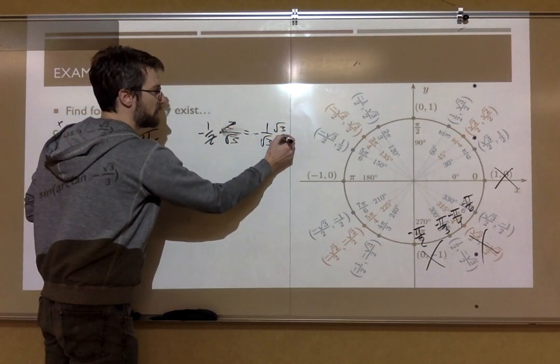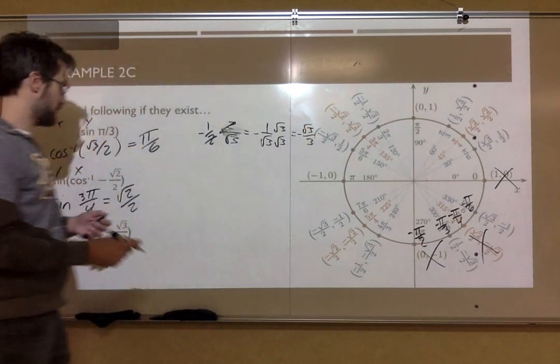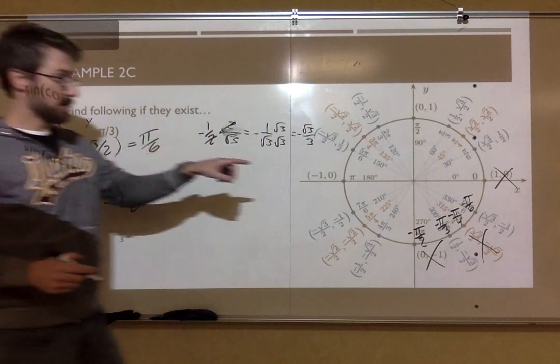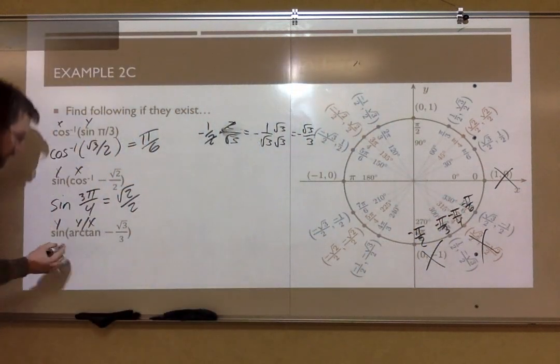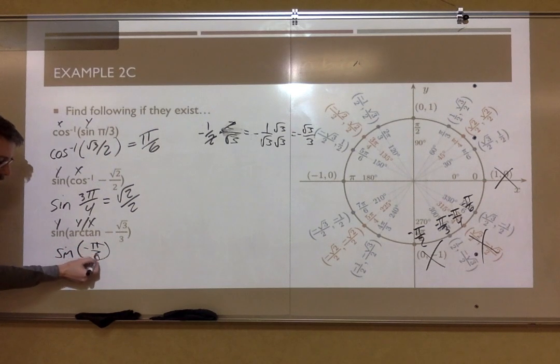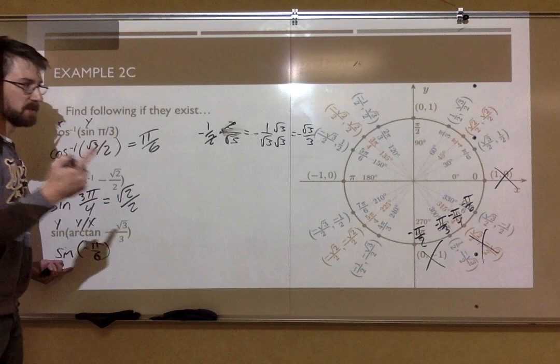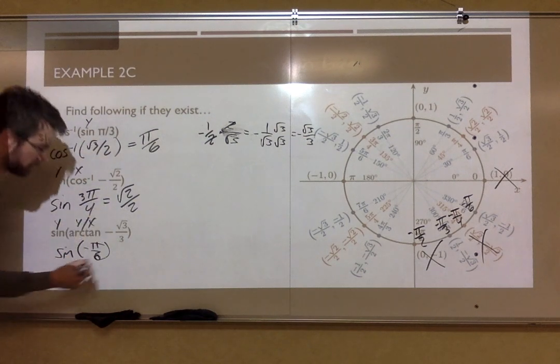And then when we rationalize that, it becomes negative root 3 over 3. So that was this one at negative pi over 6. Now the question becomes, what is the sine ratio at negative pi over 6, which is the y value at negative pi over 6, which is negative 1/2.